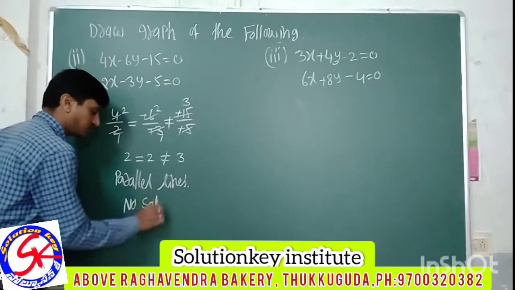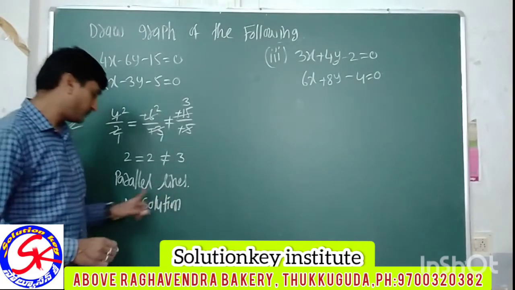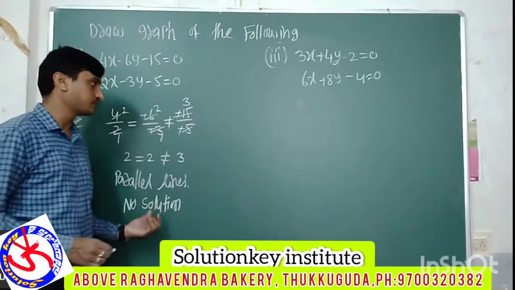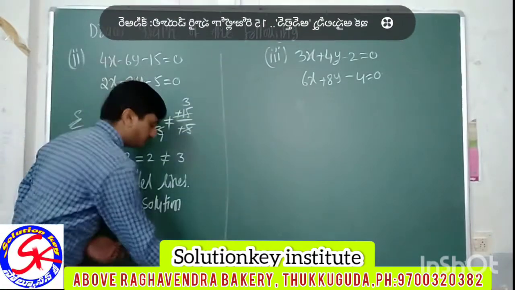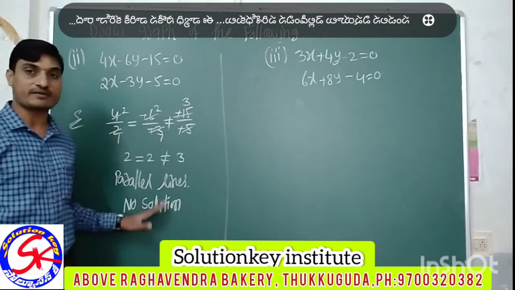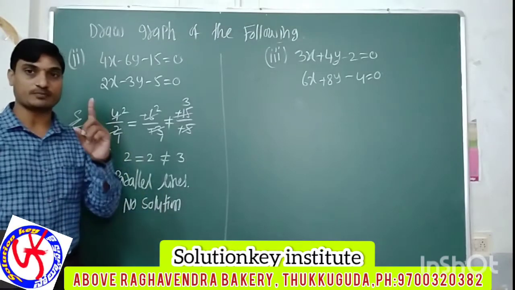The solution is no solution. These lines are parallel lines and there is no solution for this. Okay now? First take these two linear equations and verify whether these two lines are parallel lines, and which solution. That is the first one.